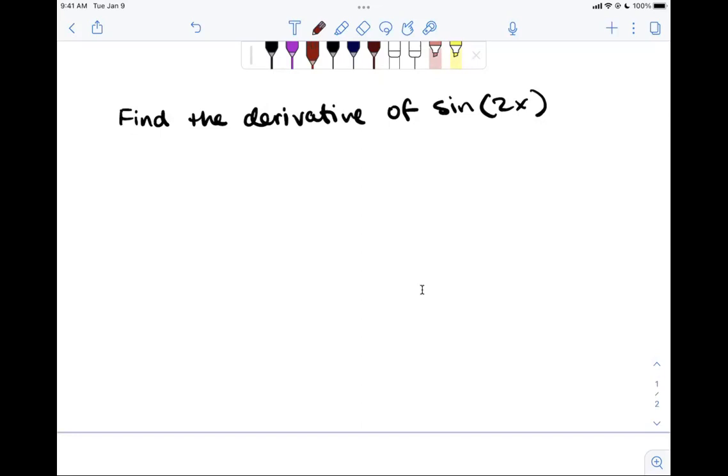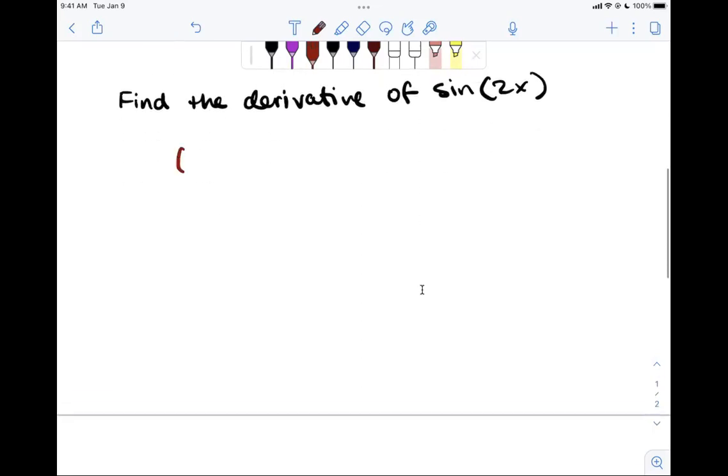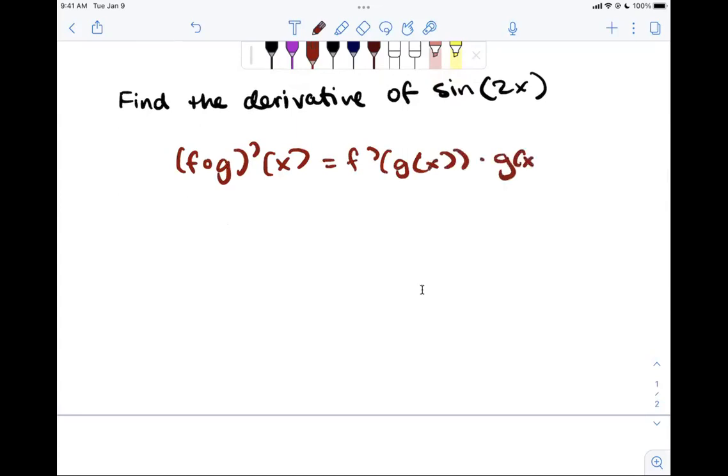So the first way we can do it is using this rule: (f of g)' of x equals f prime of g of x times g prime of x. Let's figure out what these functions are. We want to write this as a composition. The inner function is 2x, and the outer function is sine.